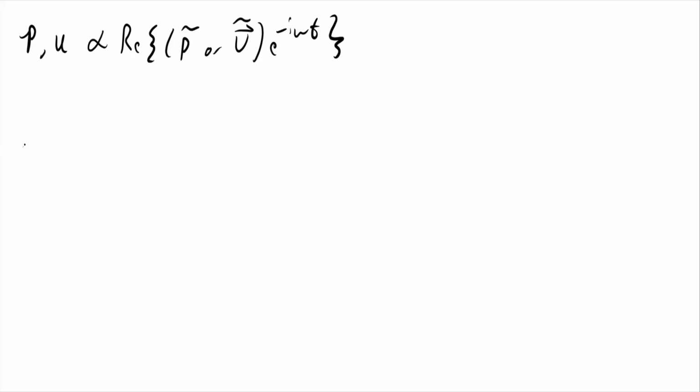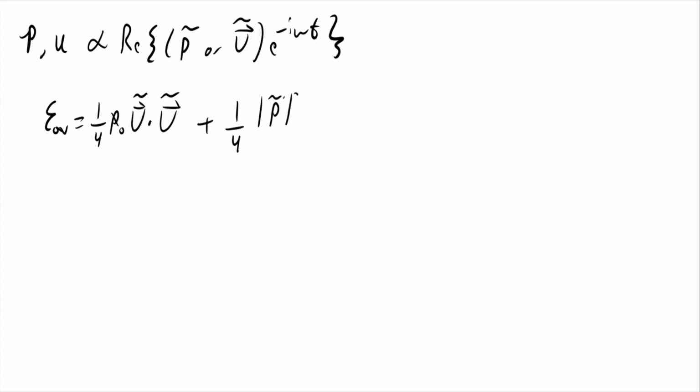So let's look at the time averages of energy density and intensity. The time average of energy density is 1/4 times rho naught times the complex amplitude of u dotted with its conjugate, plus 1/4 times the magnitude of the complex amplitude of p squared, divided by rho naught c naught squared.